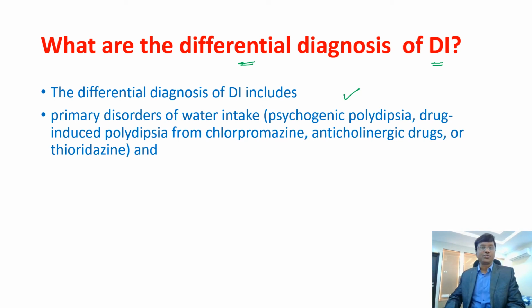So in patients with psychogenic polydipsia, if you do a water deprivation, the urine osmolality increases and urine volume decreases. Right, that is what will happen in psychogenic polydipsia. But what have we discussed in diabetes insipidus? In spite of doing water deprivation, the urine volume will be on the higher side. So the very important differential diagnosis of diabetes insipidus is psychogenic polydipsia.